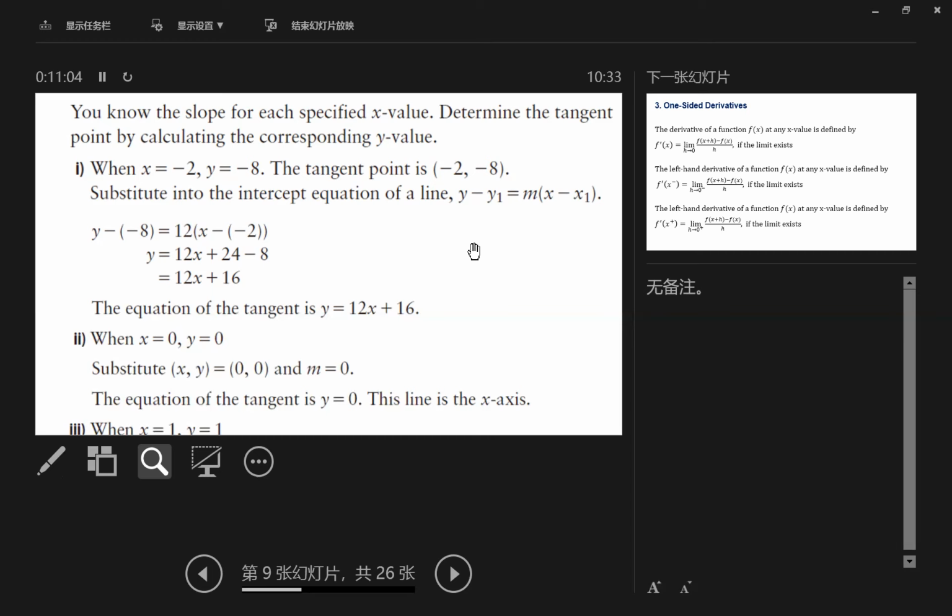So here we know (x1, y1) is just (negative 2, negative 8). Just plug them in. And m is the slope of this line, which is also known to us, right? Because we have just solved it. Then this equation is simplified to y equals 12x plus 16.